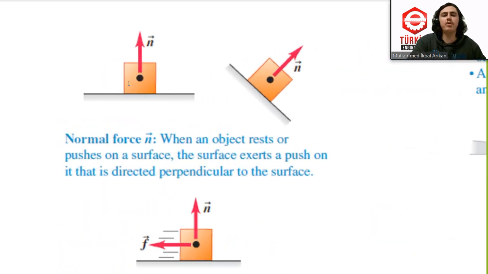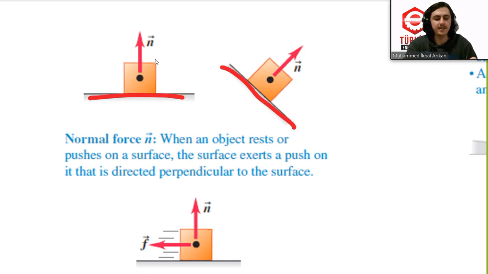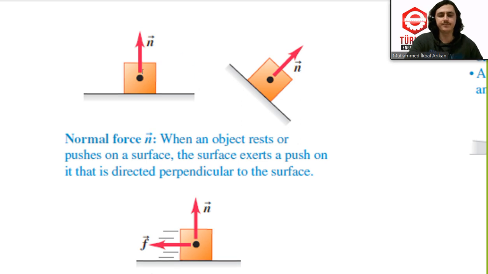The normal force is always perpendicular to the surface. As you see here, the surface is inclined, so the normal force is rotated by the same angle as the surface.